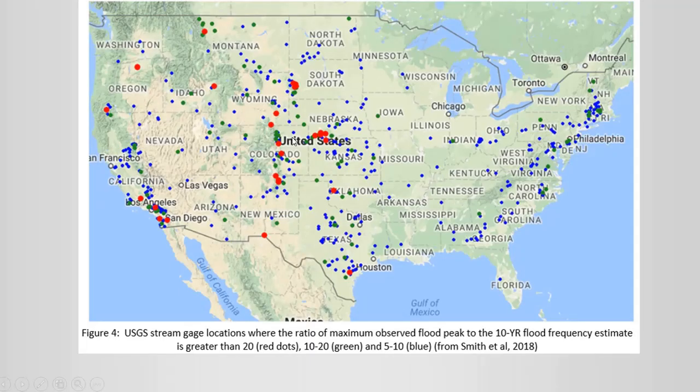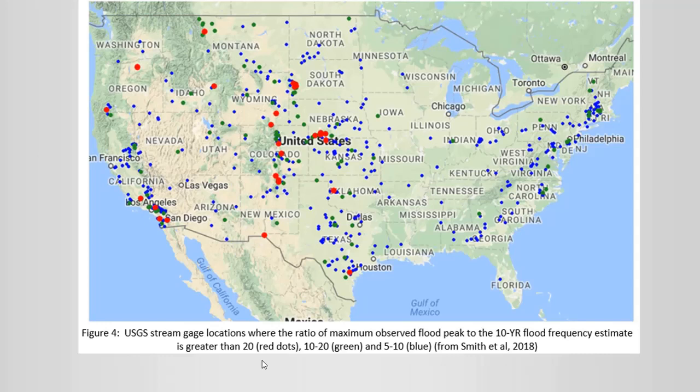Okay, another study where we can see these regional differences in observed floods was from Smith and others in Water Resources Research, 2018. Here they tried to look at the skewness or extreme nature of some observed floods.